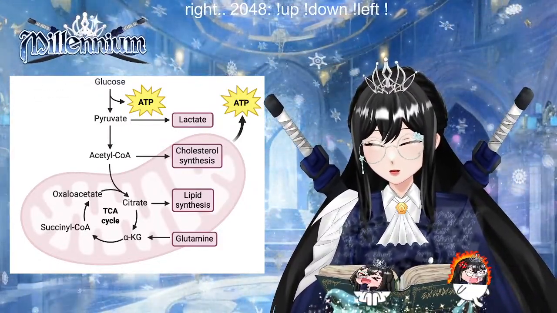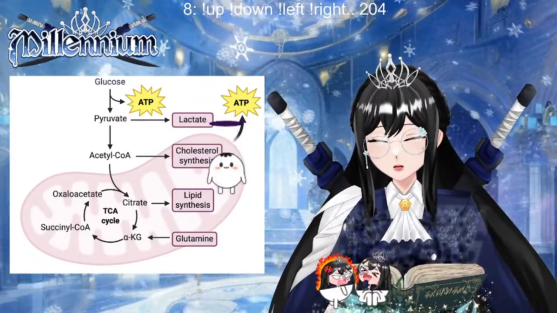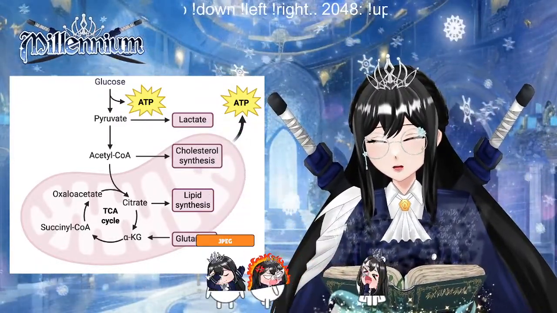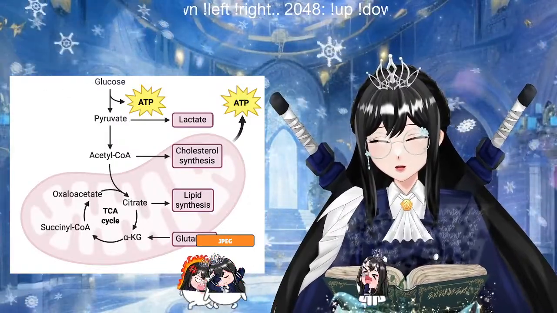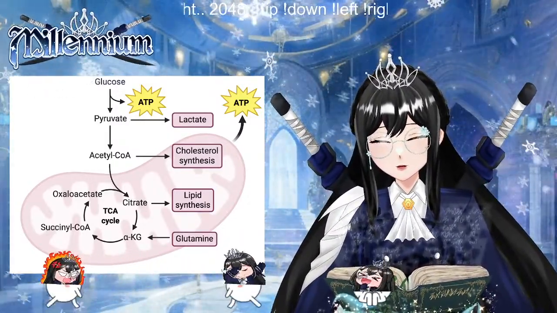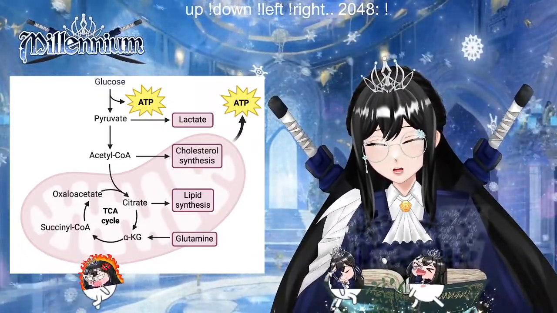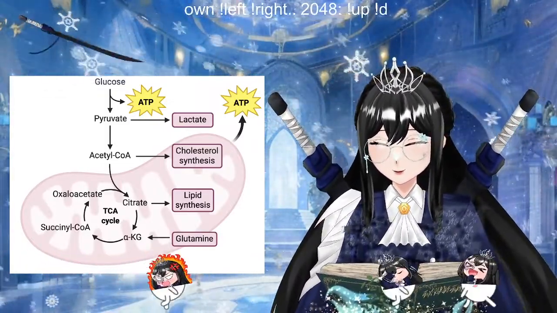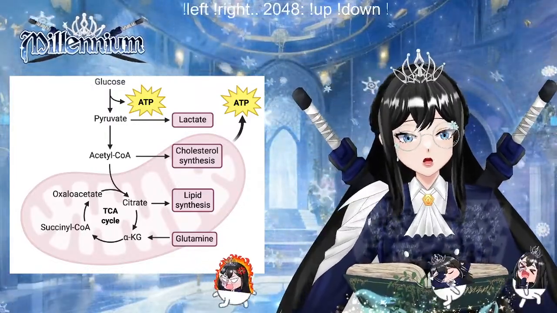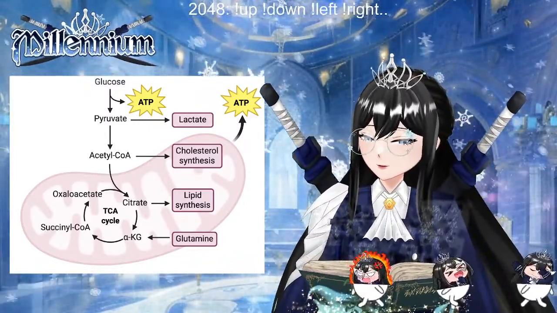It would use pyruvate carboxylase, converting pyruvate to oxaloacetate using ATP, and PEP carboxykinase would convert oxaloacetate to PEP using GTP. So there's a lot of things going on. And you have to remember that.